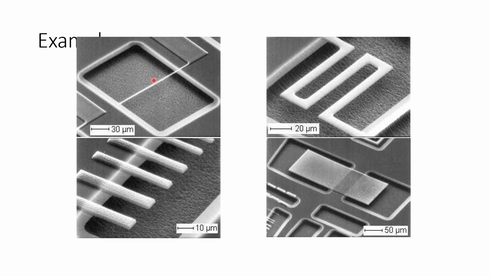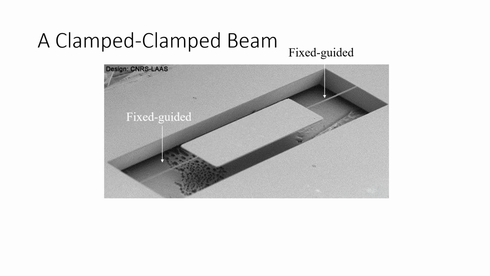Here are SEM examples of fixed beam, fixed guided, and fixed free beams. This is an example of a fixed beam where the plate is guided in the center. The plate will likely not deform.